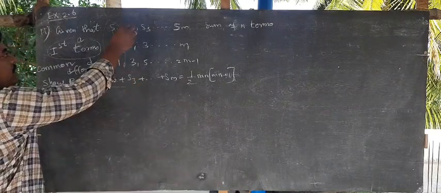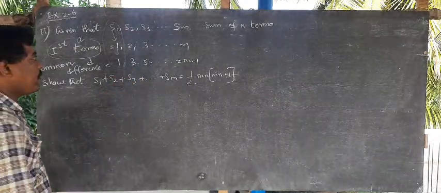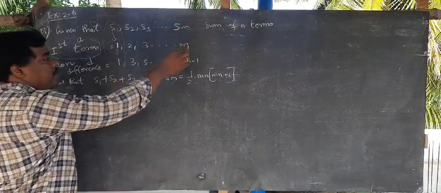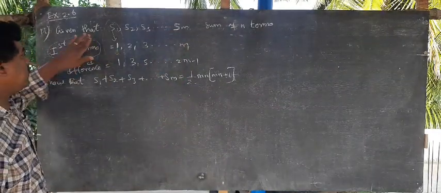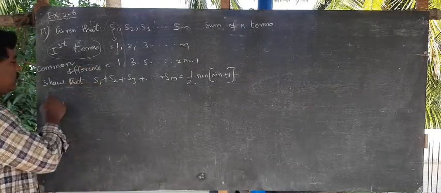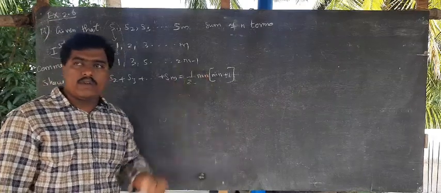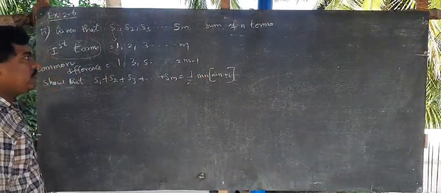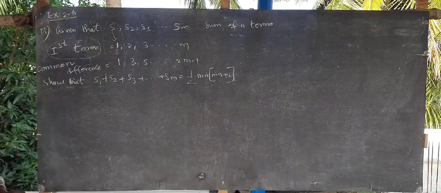For S2, first term will be 2, common difference will be 3. For Sm, first term will be M, common difference will be 2M minus 1. Like that we have to take. Show that when we add, we get 1 by 2 Mn into Mn plus 1. Right? So, this is the given question.